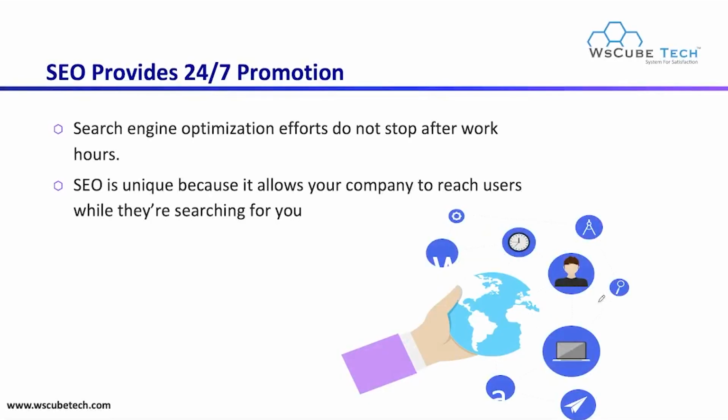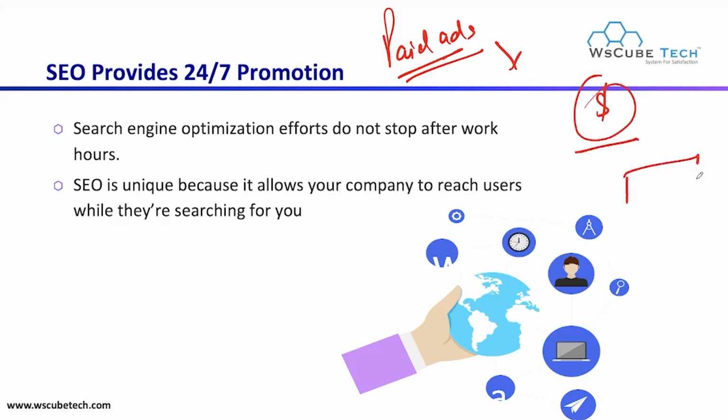Okay, so trust is developed by search engine authority, and a high quality product or service builds credibility among visitors. SEO provides 24/7 support. In the case of a paid ads campaign, you have one budget, and your ad will be shown only until that budget exists. Once your budget ends, your ad is no longer visible. In the case of SEO, once you put in effort and your website ranks organically on Google, it is there 24/7.